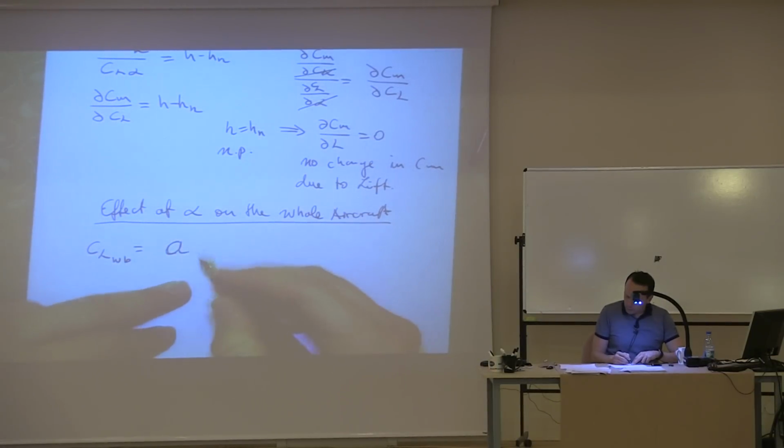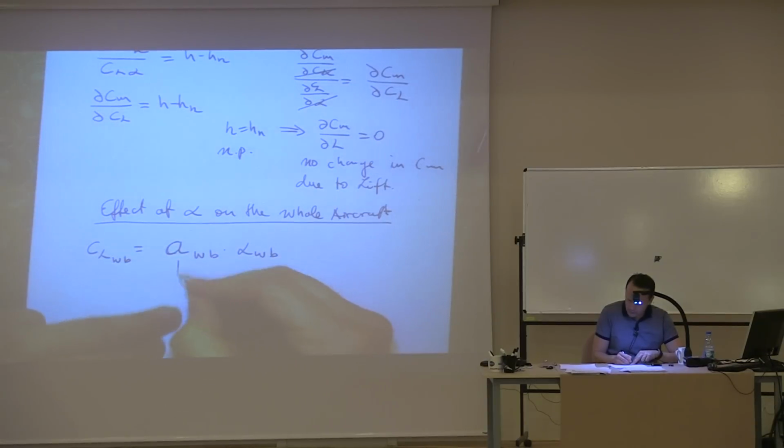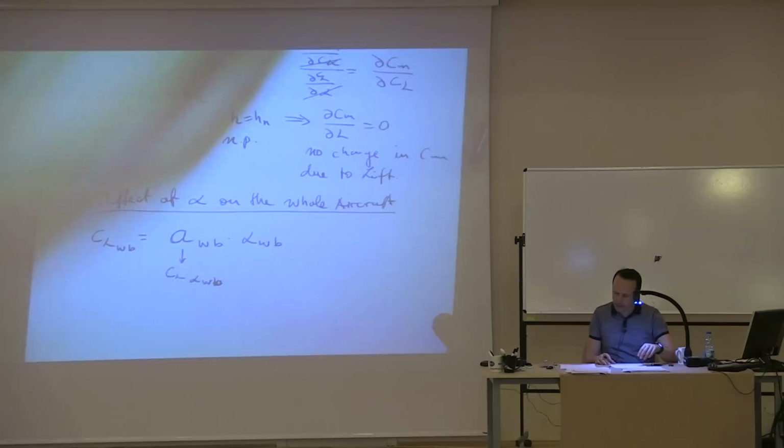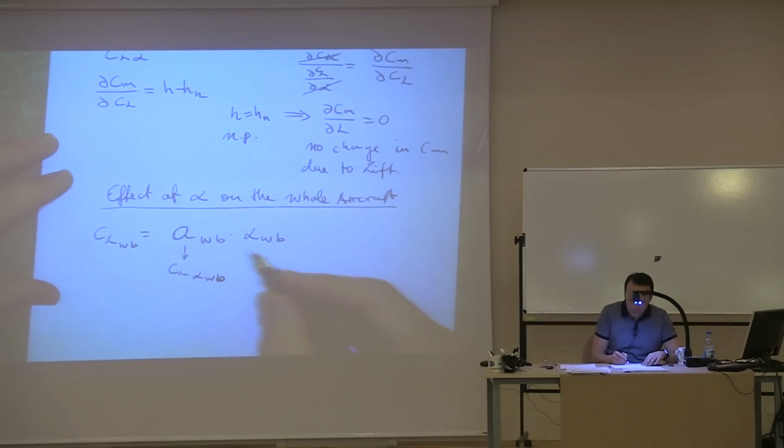This is equal to wing body times alpha wing body. And that is CL alpha wing body. Okay, this is the lift curve slope. Let's put an A in terms of lift curve slope. Okay, this is what we call the lift curve slope.